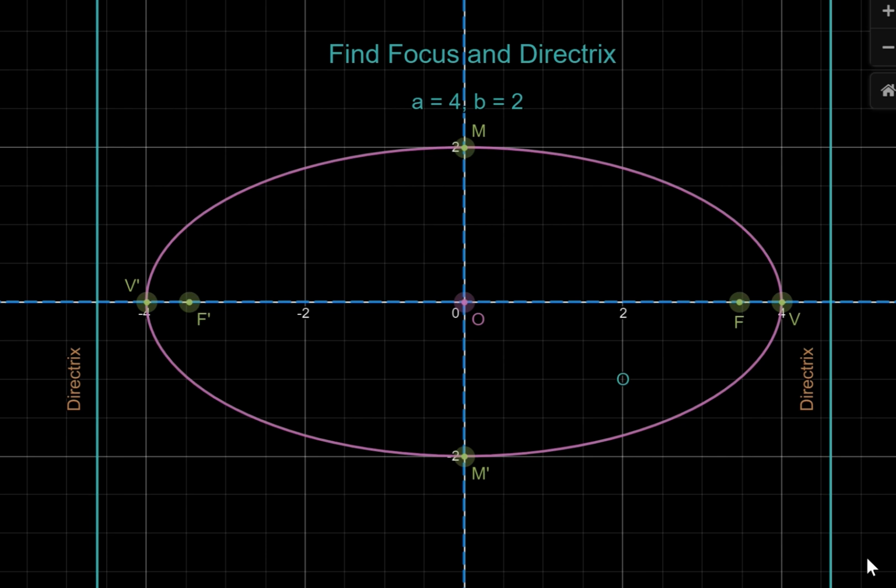The focal points are shown with F and F dash. So this is one of them, and the other one is right there. In addition, find the equation of the directrix as shown here. Pause the video, solve the question, and then look into my suggestions.